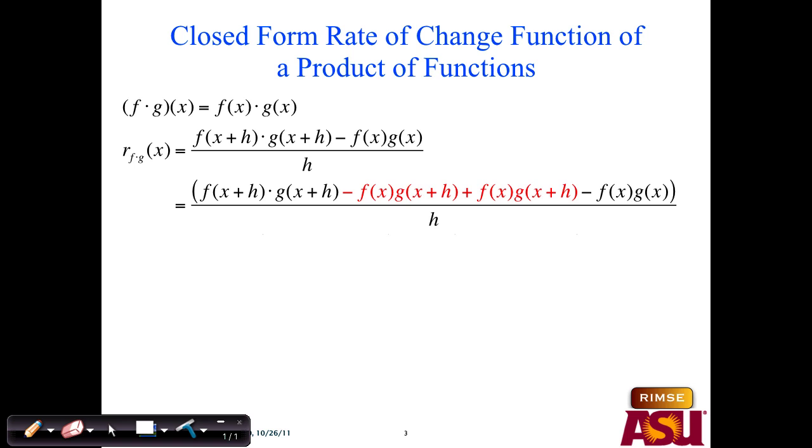I'm subtracting f of x times g of x plus h and adding back in f of x times g of x plus h. Whatever those might be in any particular function's example, I'd be adding and subtracting the same term, so this should be equivalent to the row before it, which seems like a silly thing to do, but it's actually helpful. It helps us factor.